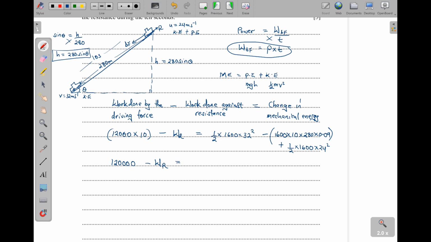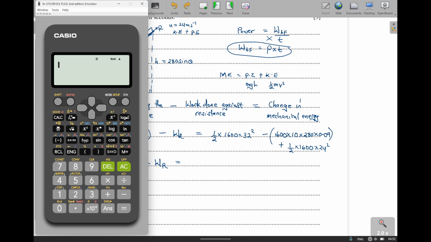Here I'm going to simplify the change in kinetic energy all together. A half of 1600 is 800, so 800, and inside here I put 32 squared minus 24 squared.